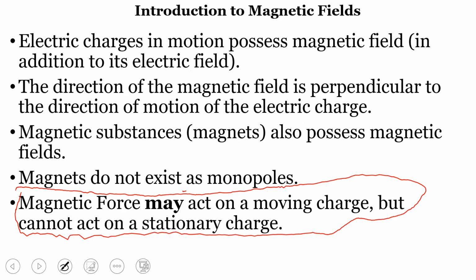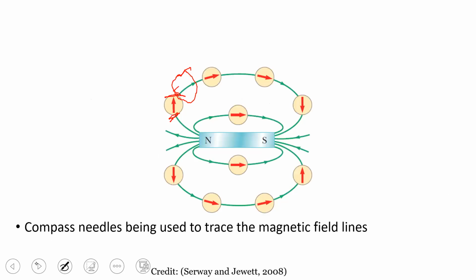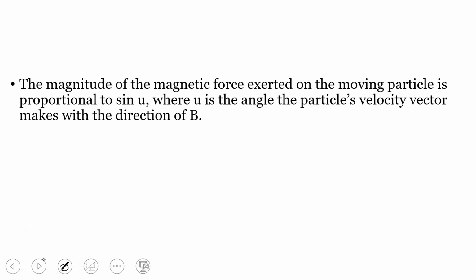When we say magnetic force may act, it means it may not act as well. So when the direction is parallel, angle theta equal to 0, everything will crumble down to 0.